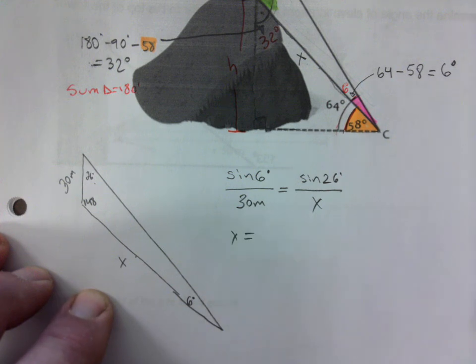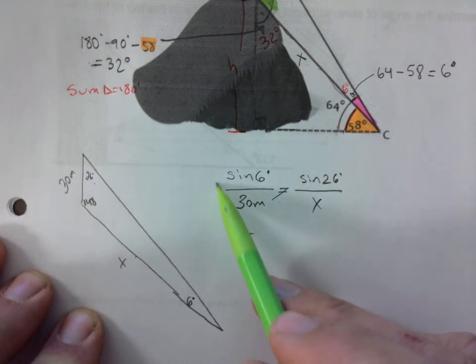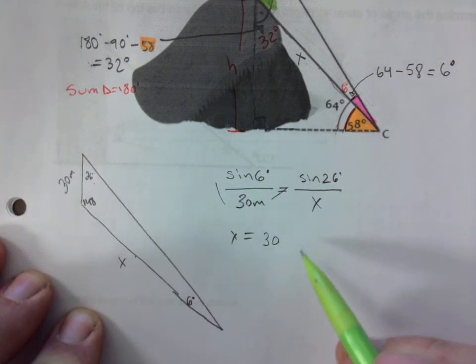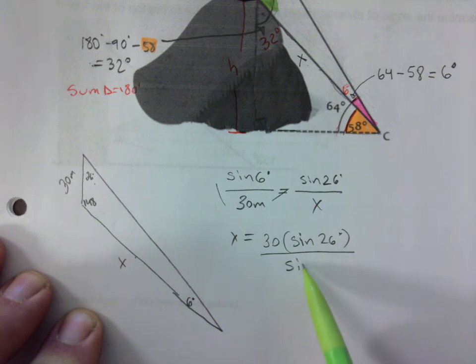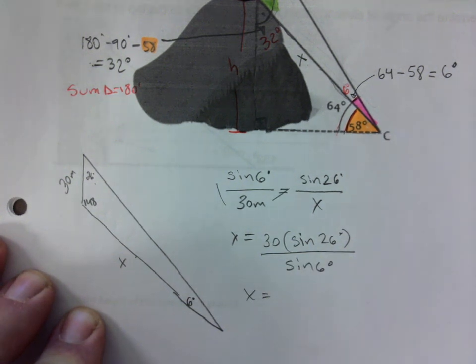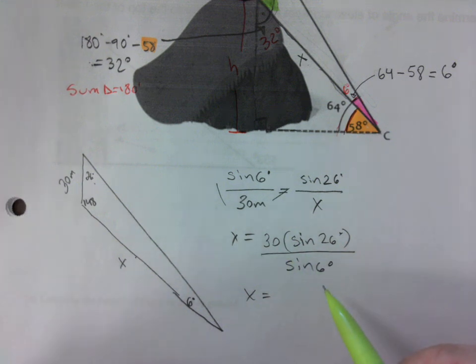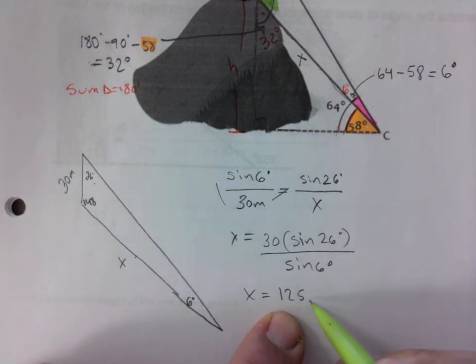And there we go. I don't want you to forget to solve for angles using sine law. But right now we're doing other problems. We have enough problems, right, to worry about that right now. So 30 times sine of 26 divided by sine of 6 is 125.81.